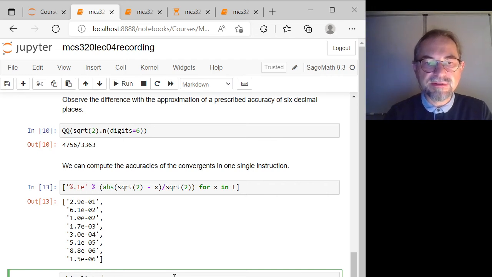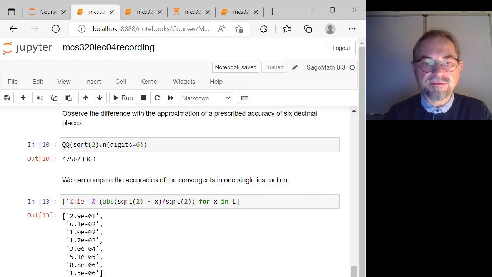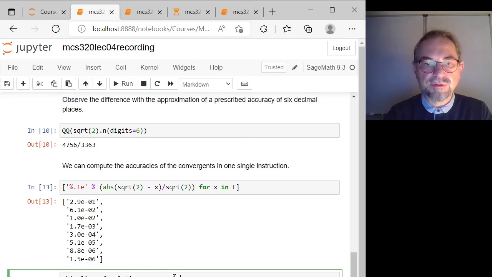This list of relative errors shows that the progression of the approximations is slower than the list of rational approximations with prescribed accuracy.